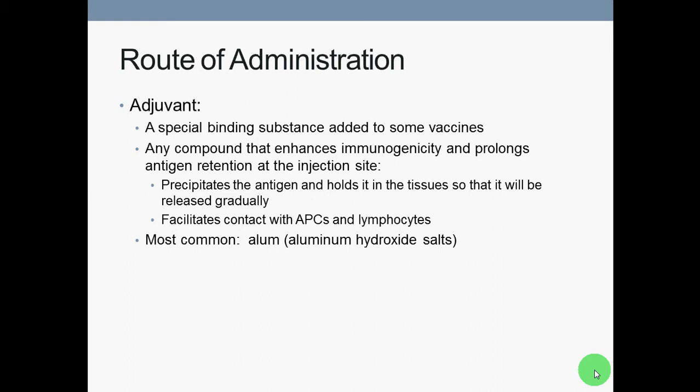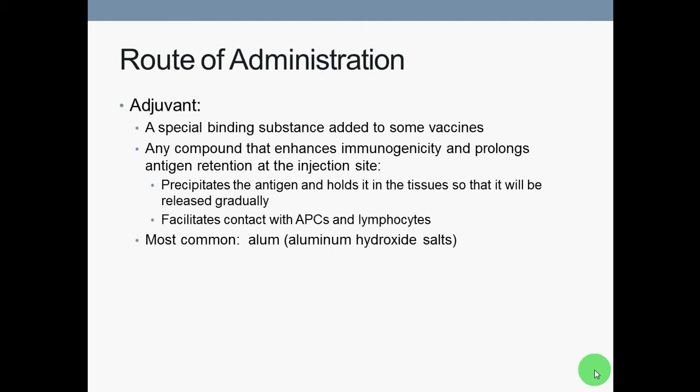But if you add a special compound along with that antigen, that enhances their ability to elicit an immune response. Typically the way that it does that is it helps to prolong antigen retention at the injection site. It does that by precipitating the antigen, so it takes it out of solution and then holds it there in the tissues and is released gradually. So that way it's in high concentration in the tissues, making it more likely that the immune system will notice it and react to it.